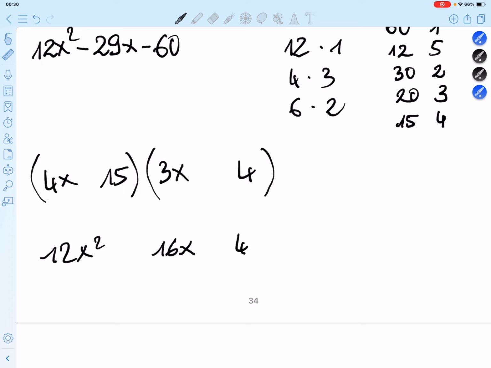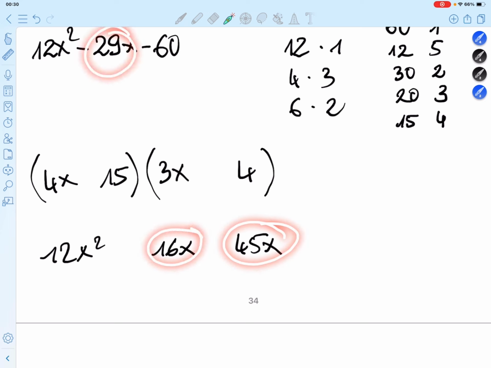So 16x and 45x. Is there any way that this gives me 29? So if I do 45 minus 16 is like 29, innit? So yes, 45 minus 16 would give me 29.